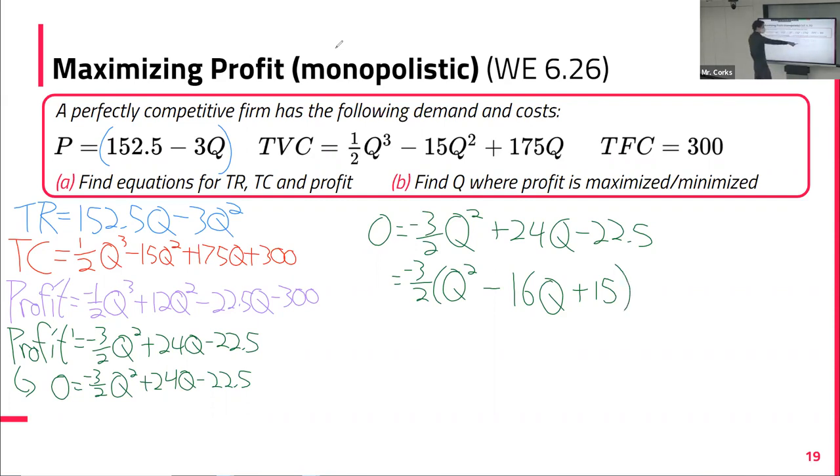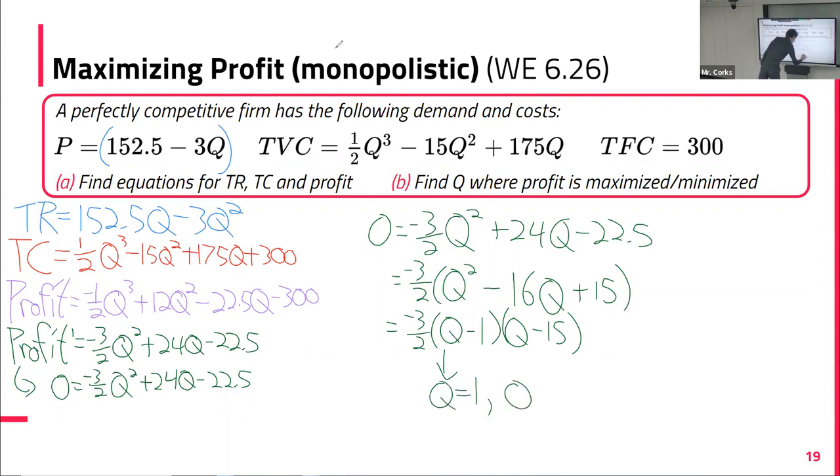Okay, so these two terms here, the 16 and 15, they're only one number away. Very easy to be lazy with our sum product method. What are the two numbers? Okay, so q minus 1 and q minus 15 are the two factors that we can take out, and based on this, we get q equals 1 and q equals 15.